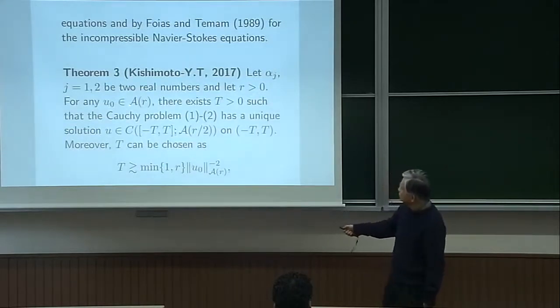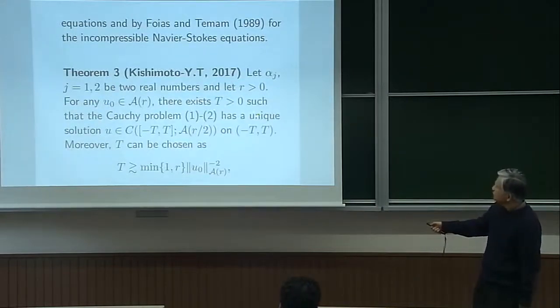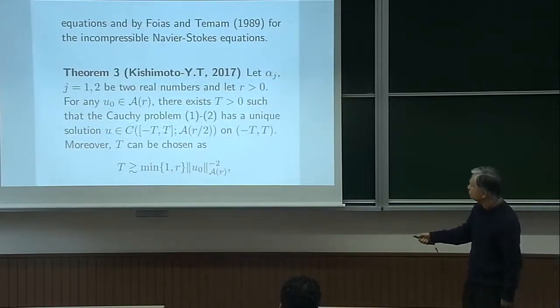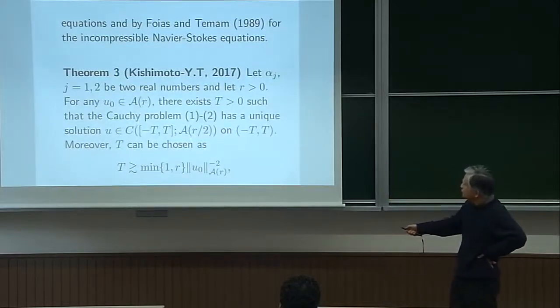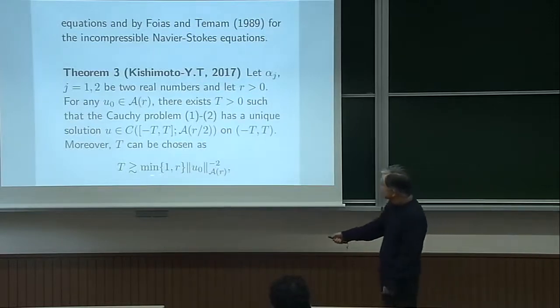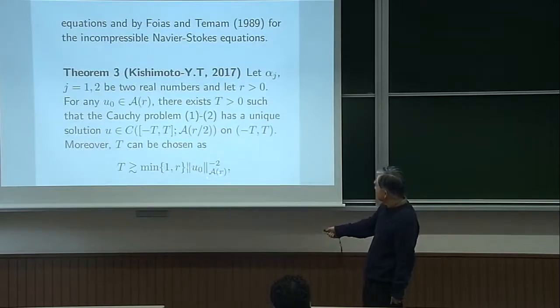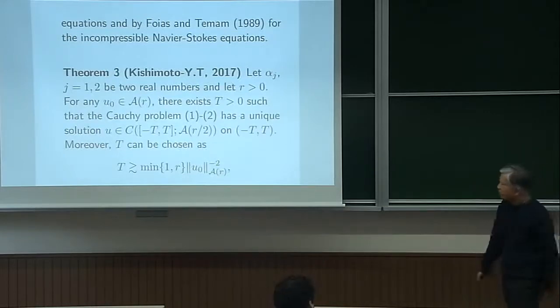For any initial data u naught in A of R, there exists capital T positive such that the Cauchy problem 1 and 2 has a unique solution u in C of minus T, T to A. Moreover, the existence time T is bounded below by a minimum of 1 and M R times the A R norm of u naught, to the minus square inverse.